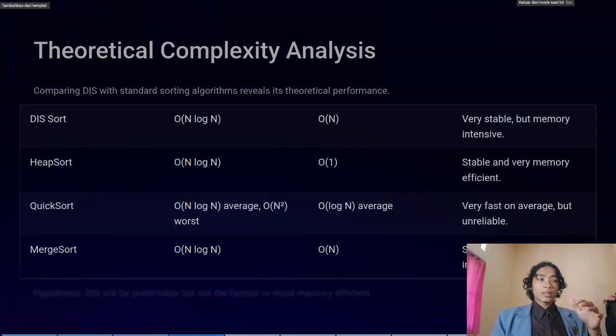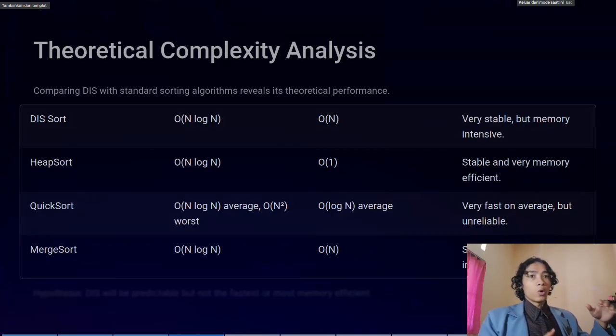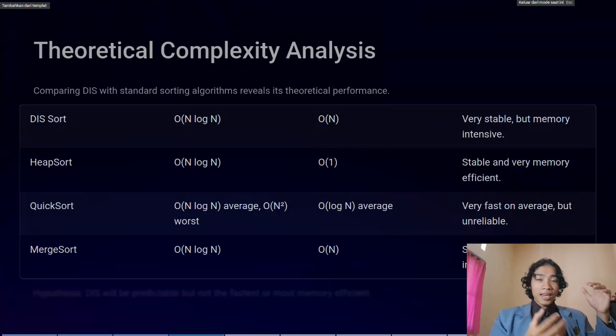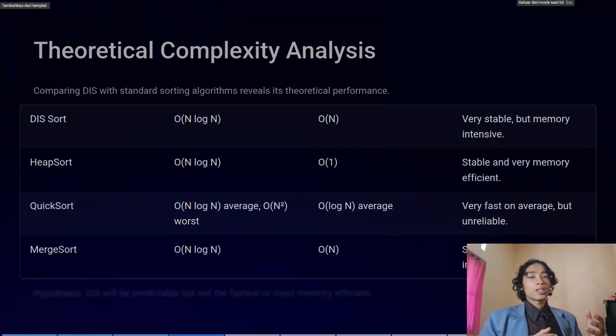However, there's a trade-off, because we use an auxiliary data structure to hold all the elements. Its space complexity becomes O(n). This is different from an in-place heap sort, which is very memory efficient, but it's comparable to merge sort.